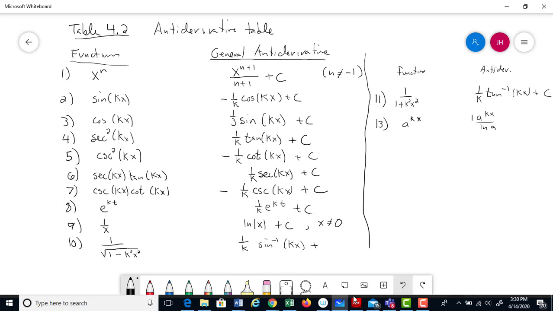I guess I don't have to write the 1. 1 over k is just going to put a k on the bottom. Plus c. So remember, the derivative of a to the kx would be a to the kx times the natural log of a. So when I'm taking the antiderivative, that's why we're divided by that natural log of a, and also divided by the k because of this. We have to do the inverse of what we expect to do.